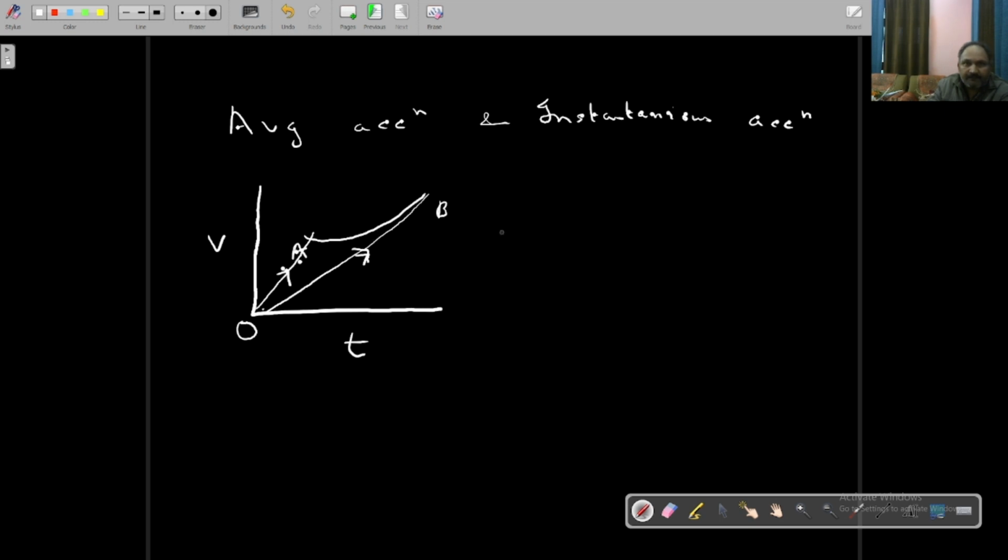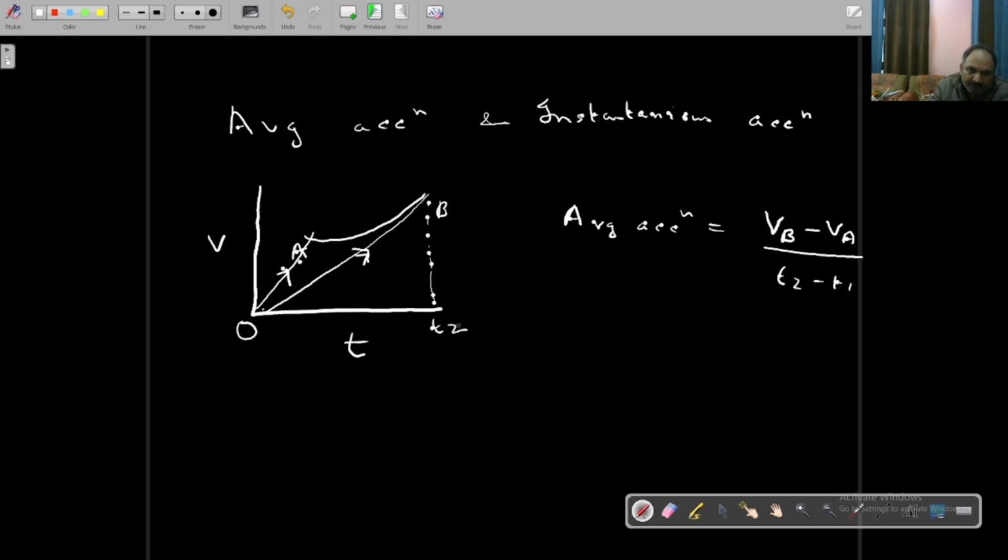Then average acceleration is equal to the change in velocity, VB minus VA, divided by T2 minus T1, where T2 is the time at which the velocity is VB and T1 is the time at which the velocity is VA.